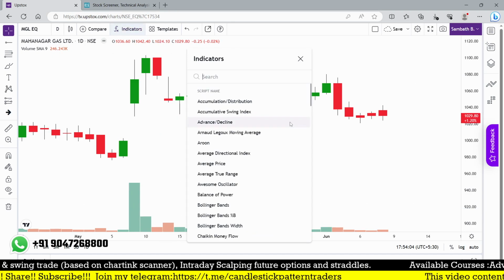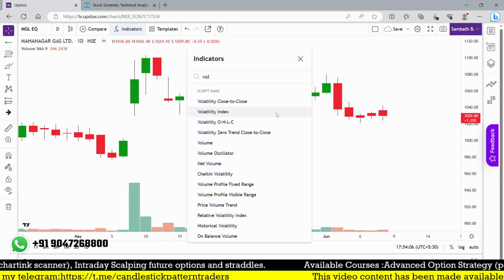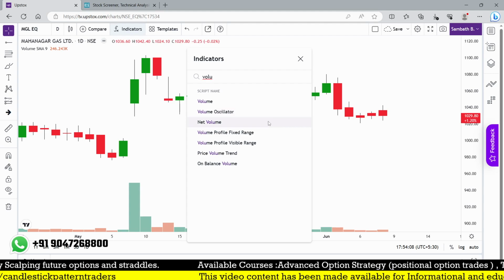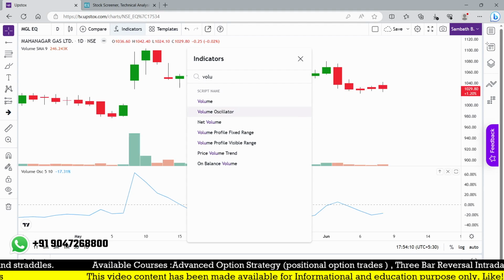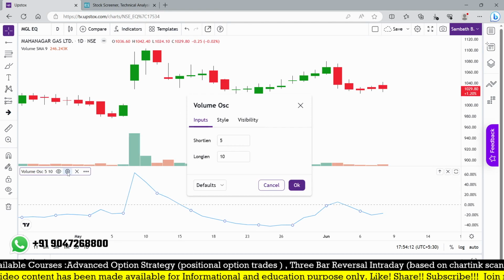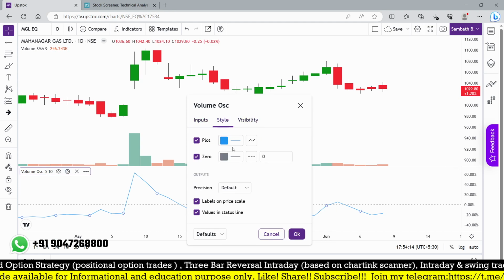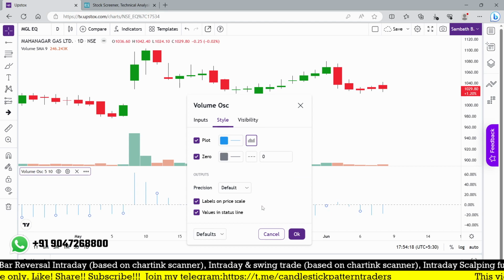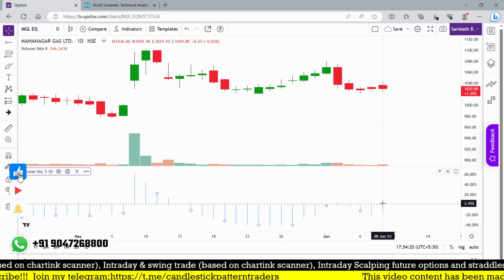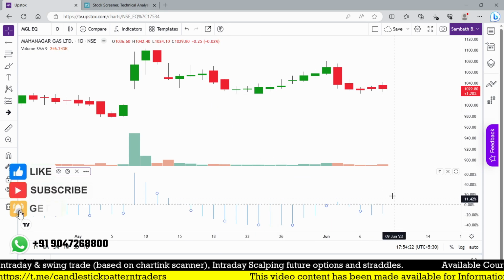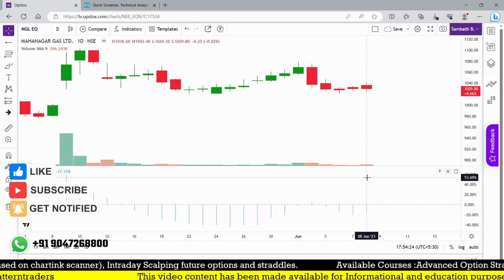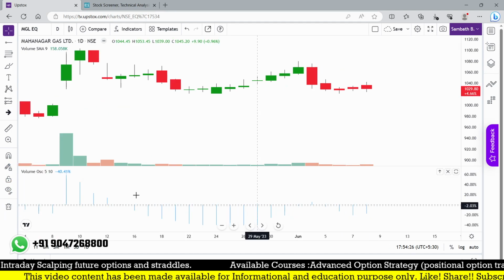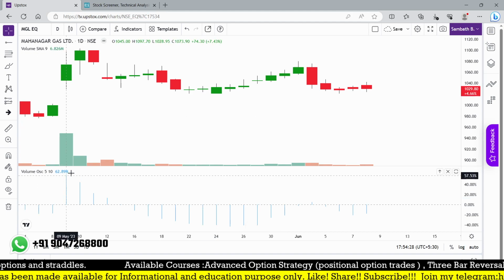I think it's a different one. Yeah, I think it's volume only, but it was a positive volume or a negative volume, something like that. It is not the right one.